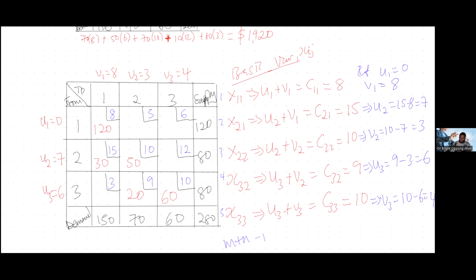We have computed our Ui's and the Vj's for the basic variables. So what we have to do now is find the net cost change, which is the Cij asterisk or prime. We have to determine this for each non-basic variable, that is each empty cell. So I will erase this equation so that I can use this part of the board to determine that.